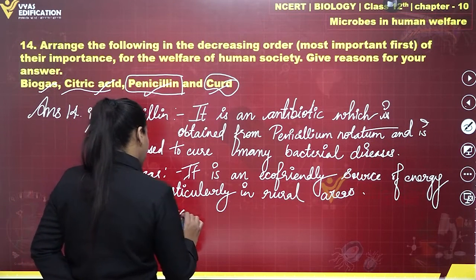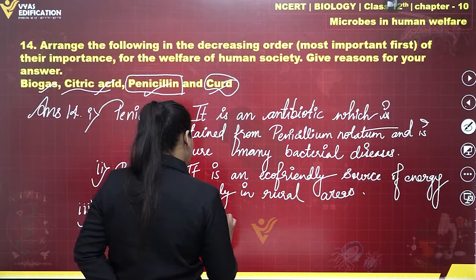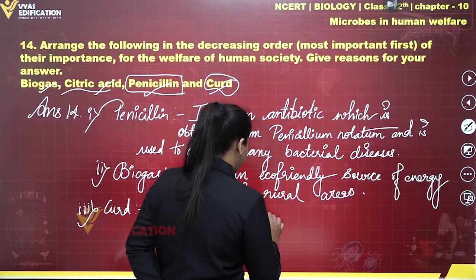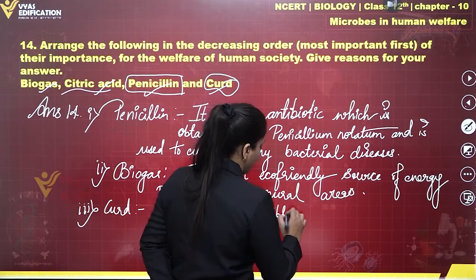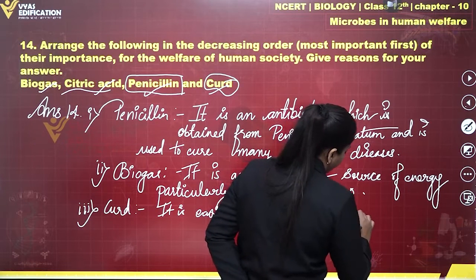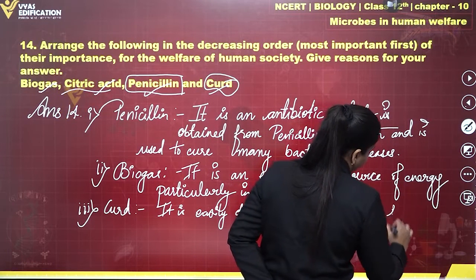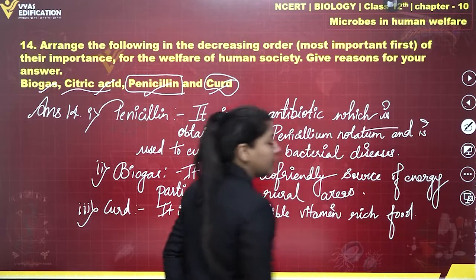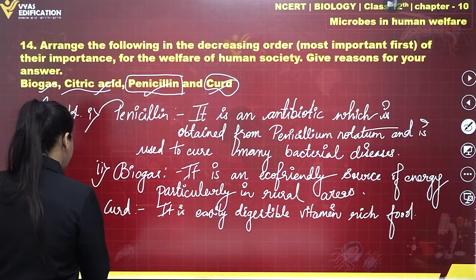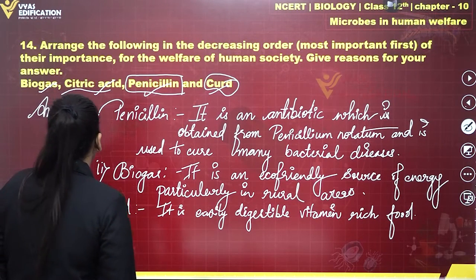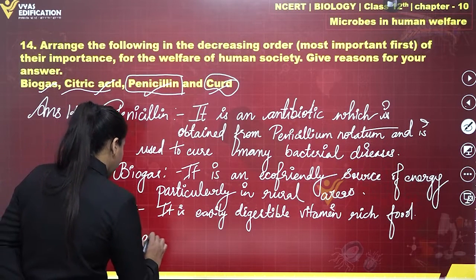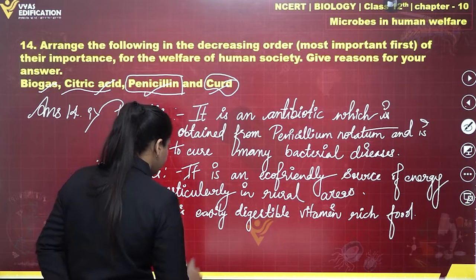It is easily digestible vitamin rich food. Curd is rich in vitamin B12, which is easily digestible by us. Then the last is citric acid.